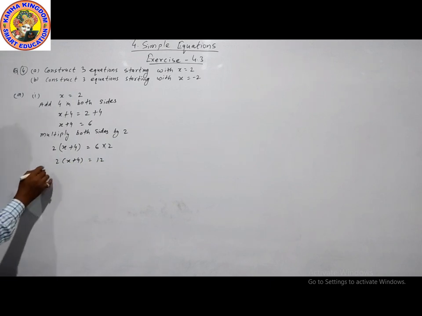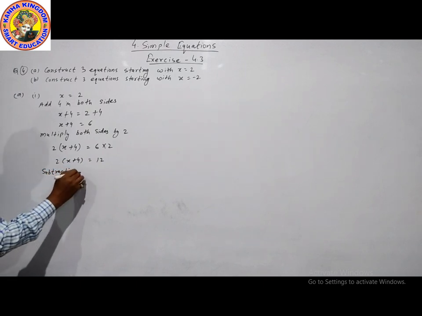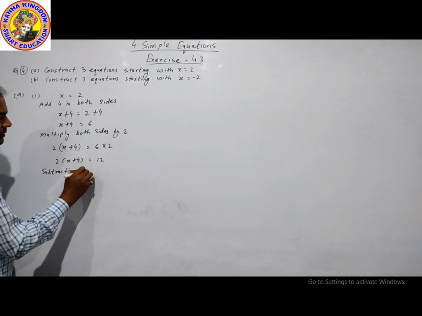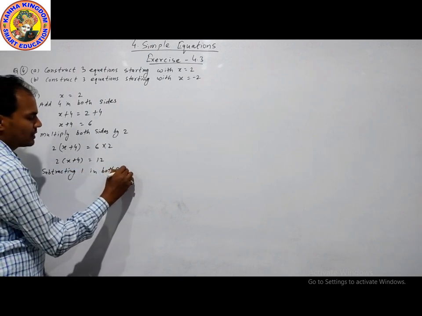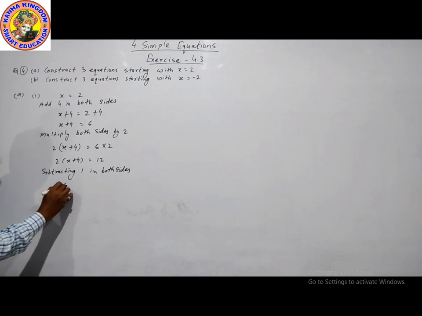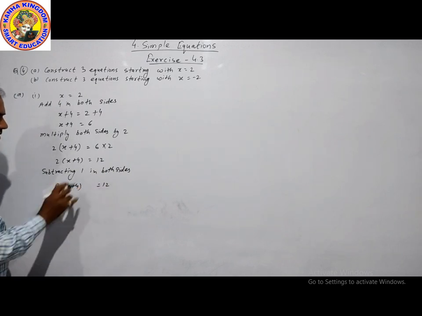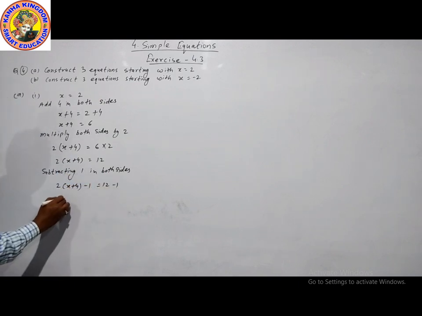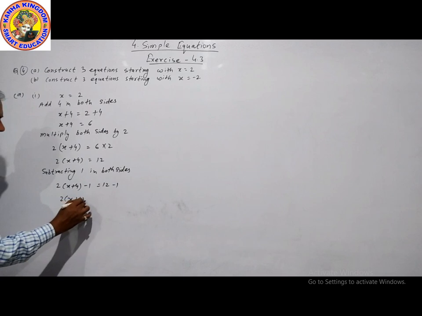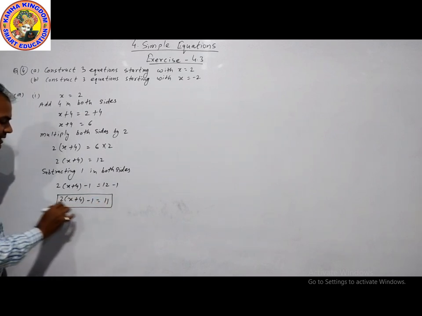Now subtracting 1 on both sides. 2 times (x plus 4) is equal to 12. This is our equation. Now we will subtract 1. 2 times (x plus 4) minus 1 is equal to 11. This is our first equation.